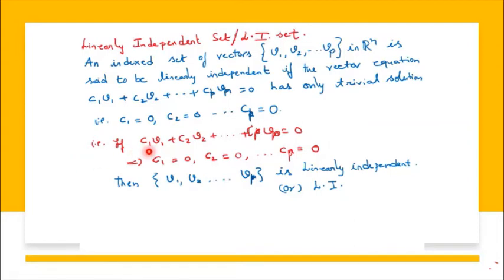Since it is a homogeneous equation, it is always satisfied by zero values, that is c1 = 0, c2 = 0 and so on cp = 0. So if this equation has only the zero solution, that is, all scalars are zeros, then you call the set of these p vectors a linearly independent set, that is, LI set.